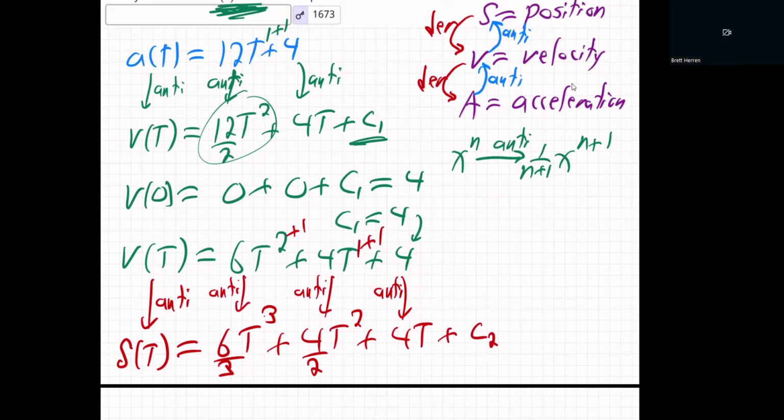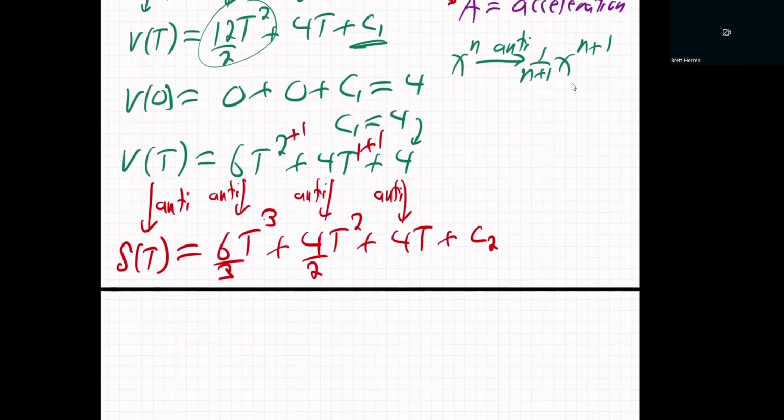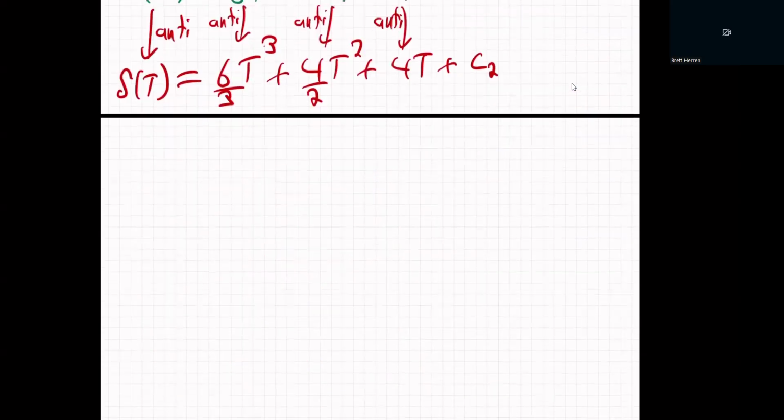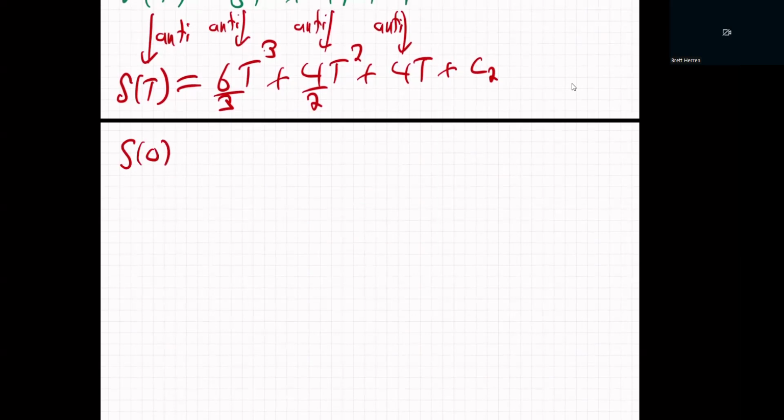Now plus constant 2. There's got to be another constant because the derivative of that would go back to nothing. So any constant number could be out there. Any number that doesn't have a t. So now they tell me s of 0 is 17. So that means if I plug in 0, I'm going to get 0, 0, 0, plus constant 2, and it's 17.